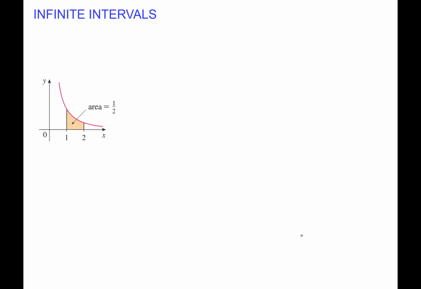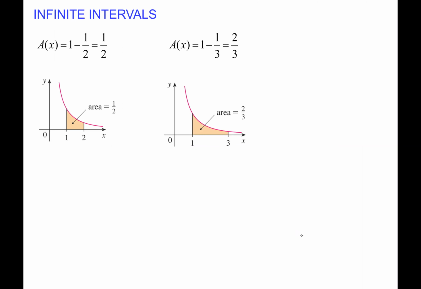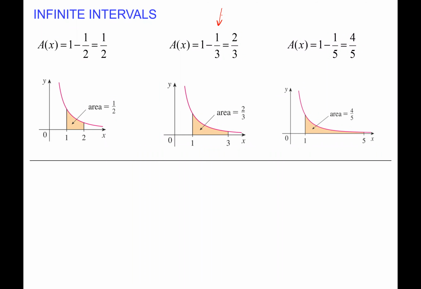From 1 to 2, that means t is 2, 1 minus half is half, the area is half. From 1 to 3, 1 minus 1/3 is 2/3, and from 1 to 5, 1 minus 1/5 is 4/5. We can definitely see that we can calculate something.